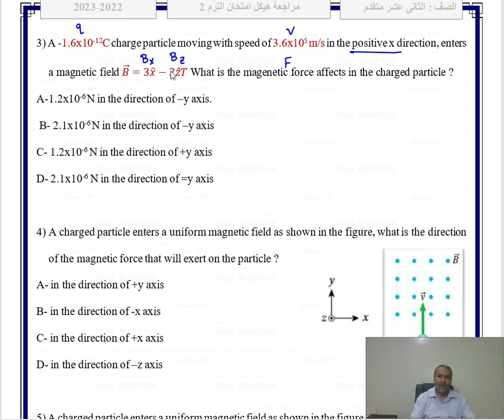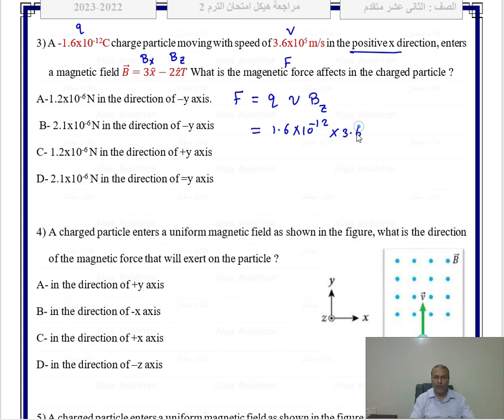But the magnetic field in the Z direction will exert a force, which equals Q V Bz sine theta, and sine theta is sine 90. Q is 1.6 times 10 to the negative 12.